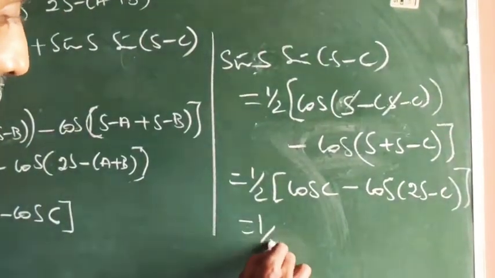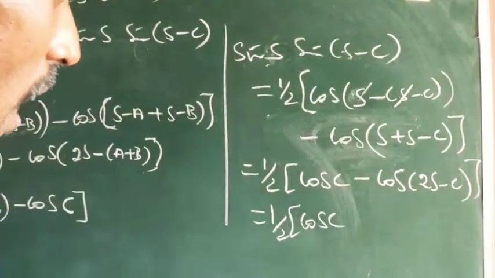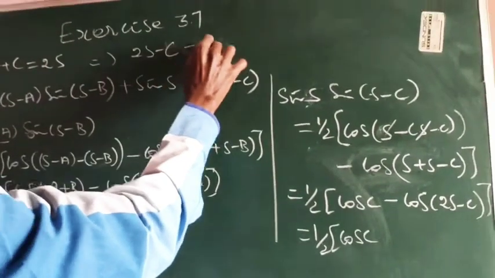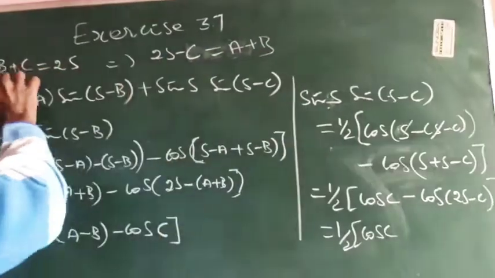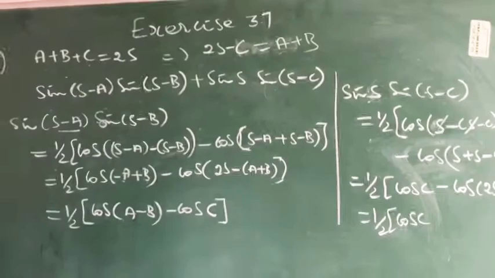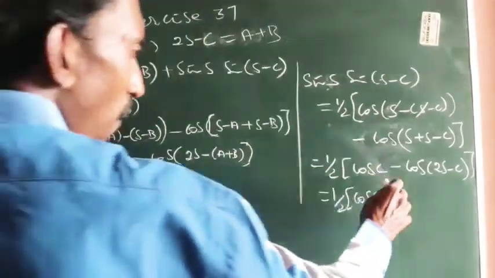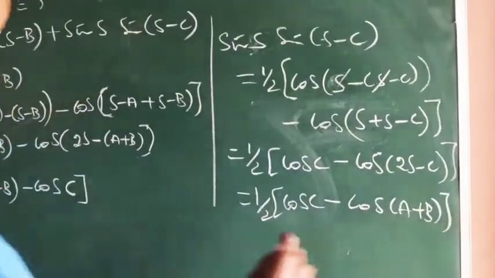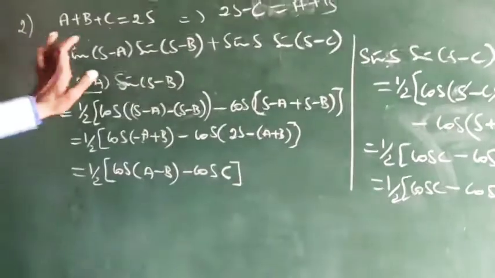What is 2s minus c? If a plus b plus c equals 2s, then 2s minus c equals a plus b. So we put it as minus cos(a plus b). So we get the expansion for both the terms.